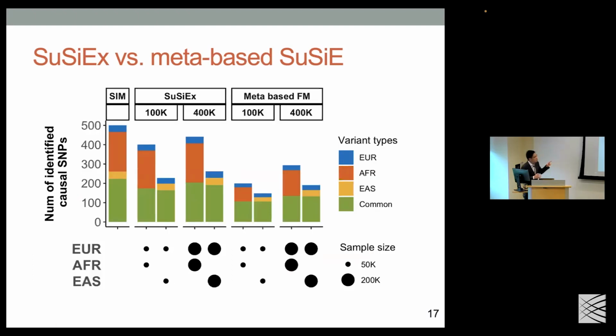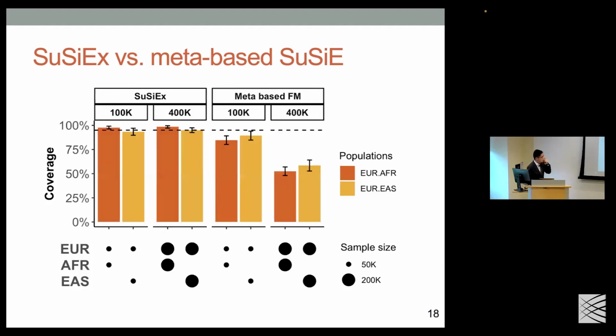Here is the power comparison between SuSiEx and the meta-based SuSiEx. The bottom also shows the sample size, and different colors represent different types of variants. We can clearly see that SuSiEx outperforms the meta-based fine-mapping in power. This is also quite interesting for the coverage.